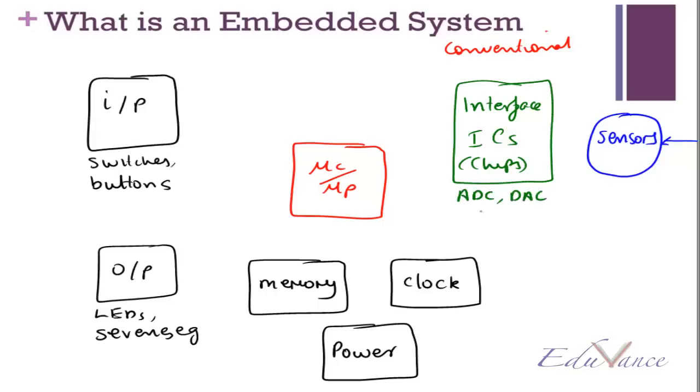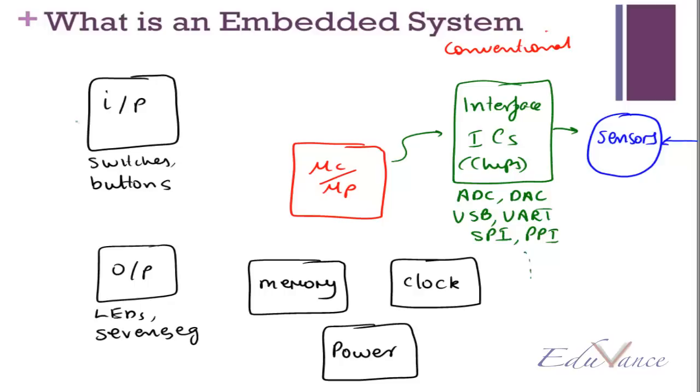ADCs are analog to digital converters. DACs are digital to analog converters. You would have USB, UART, SPI, PPI, and the list goes on. So if we need to communicate with the outside world for the microcontroller, then you would need the interface ICs. So a typical embedded system has these components as part of your application.